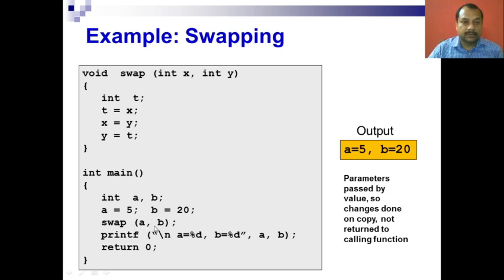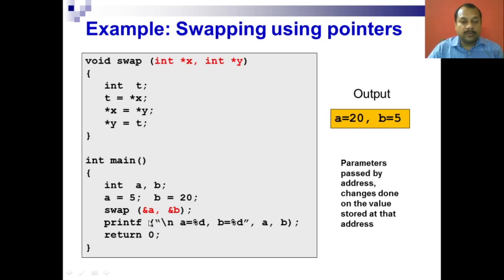If I pass the address of a and address of b, then I have to store that as a pointer. So int star x is the declaration of a pointer variable x whose data type is int. Similarly, the declaration of a pointer variable y whose data type is int.